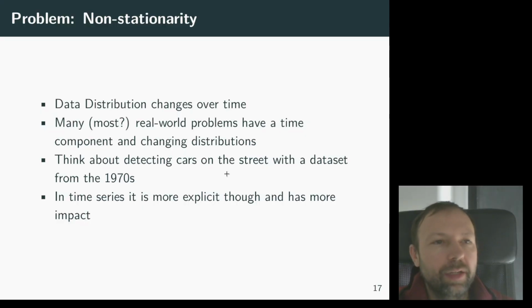But now let's say I give you a data set from the 1970s. The cars looked very different, the streets look different. So if you train your model on that data set and now you deploy it today, it's probably not going to work very well, right? So the distribution changes. But in time series, this is usually much more explicit. It has more impact. So in time series, that is just something that we need to always model. We cannot just abstract it away.